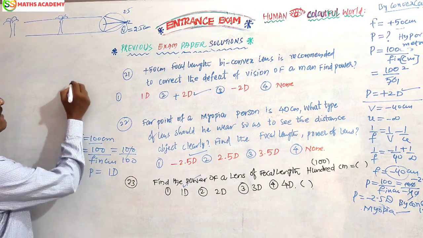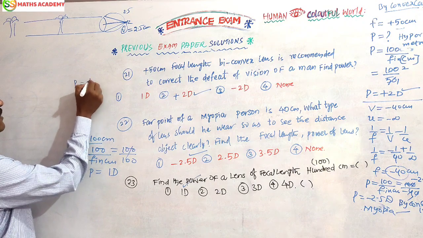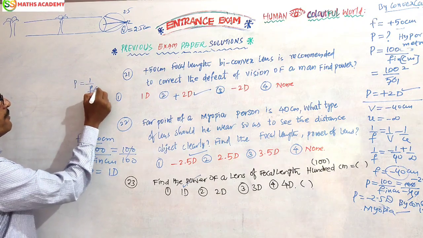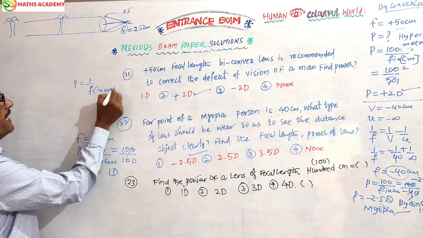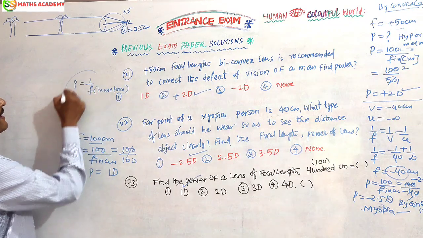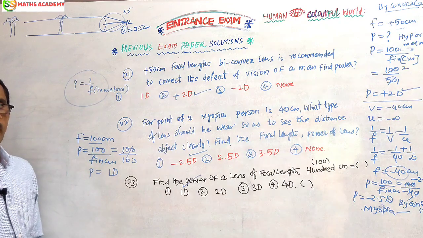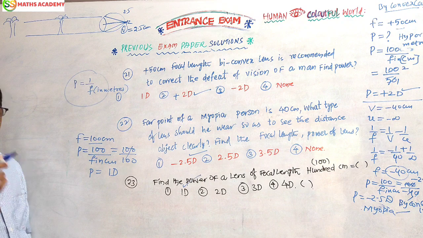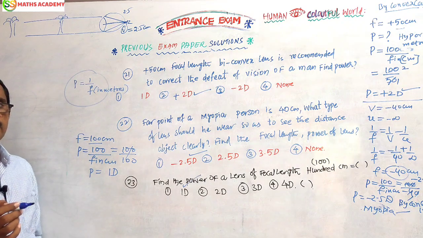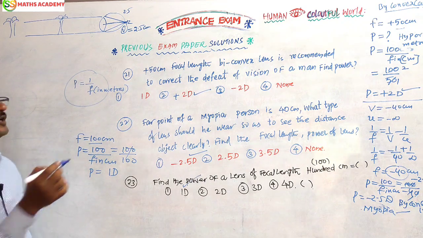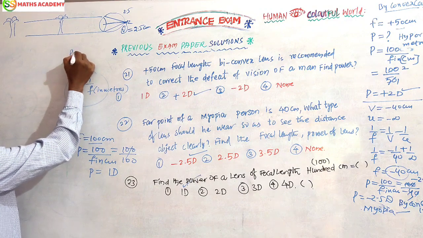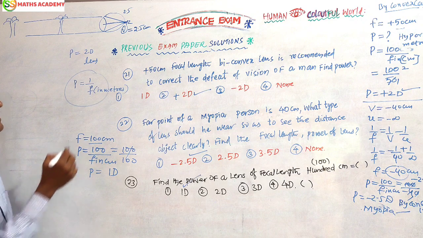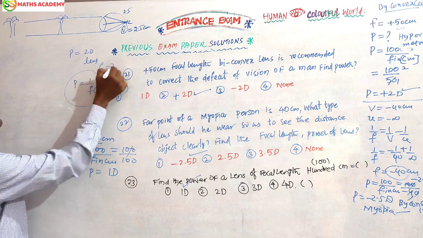So from this equation we can understand: P equals 1 by f, where f is in meters. Sometimes they give questions directly. Suppose one example: the doctor suggested the patient use a 2D lens, so find the f value.